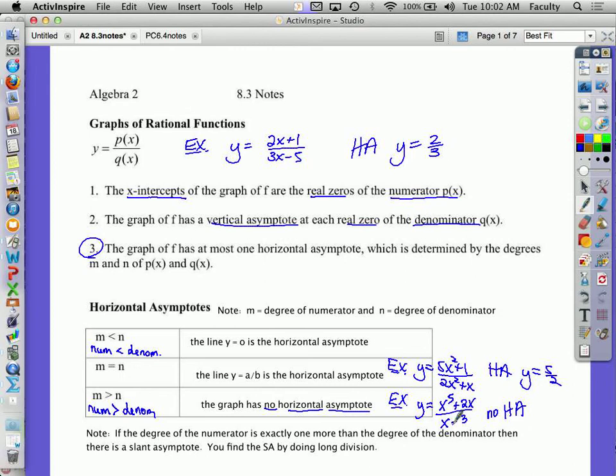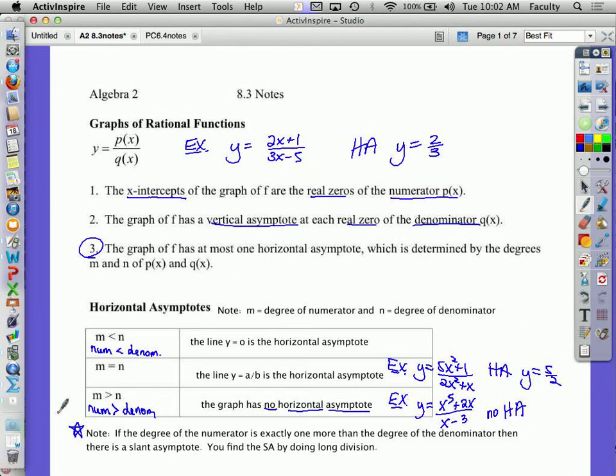There's a note here underneath the table, and this is a very, very important note. If the degree of the numerator is exactly 1 more than the degree of the denominator, then there is a slant asymptote. That's not vertical, it's not horizontal, but it's an oblique or slanted line. We abbreviate it SA, and you can find the slant asymptote by doing long division.